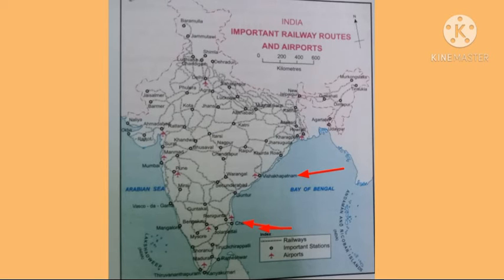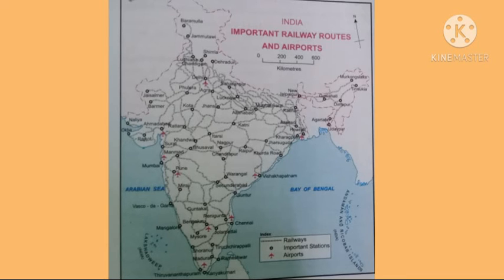Now, third question: in which states do railway routes not exist? If you observe, we know that in the north and northeastern part, railway routes are not located. Examples are states such as Jammu and Kashmir, Himachal Pradesh, and Uttarakhand. What is the reason? Because these are hilly regions.